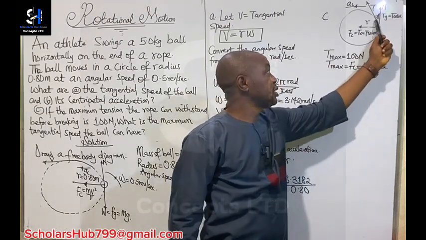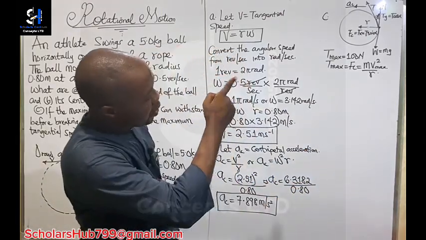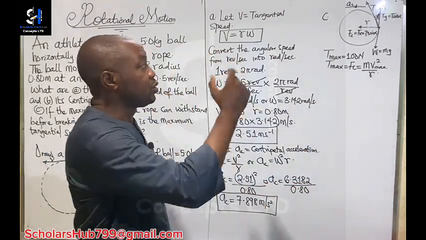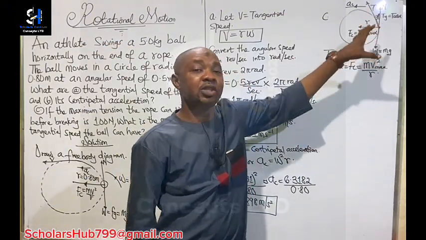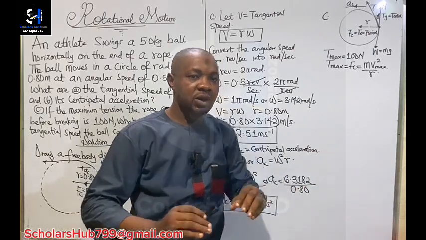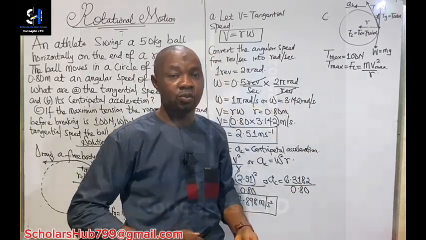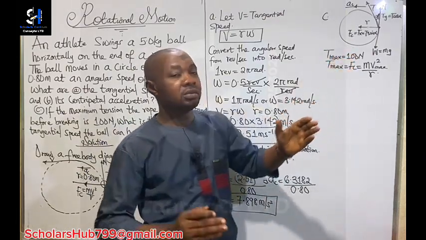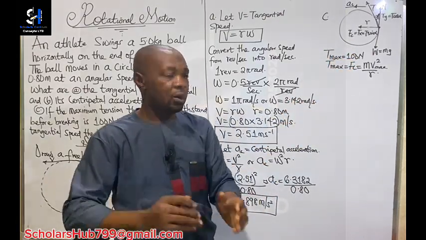When the angle is theta, the inclination is with the horizontal. But in this case, we have it vertical. I only use this to explain tension. There are questions about tensional force for a body moving in a circle, where the tension makes some angle with the wall, either with the horizontal or with the vertical.